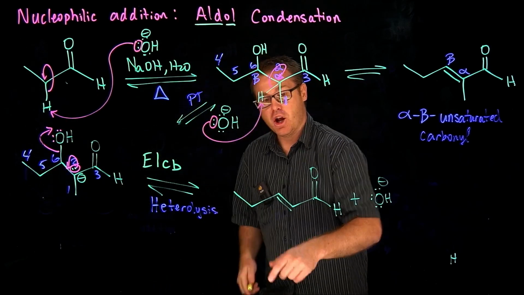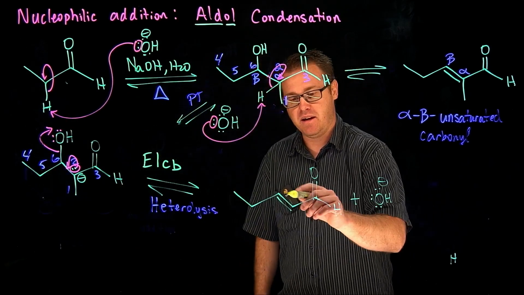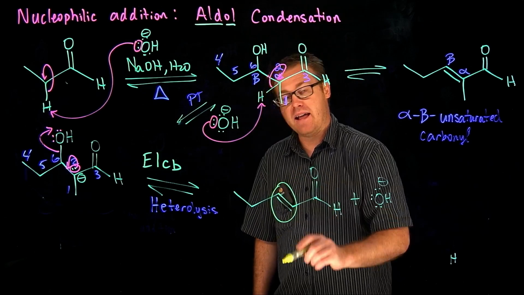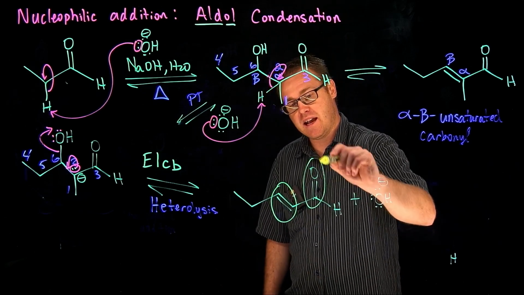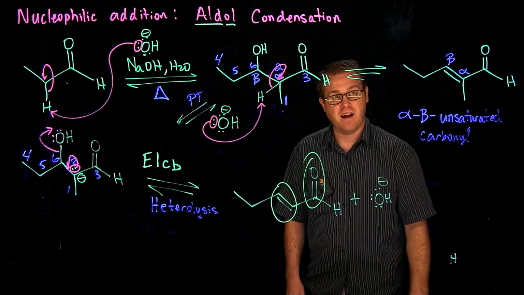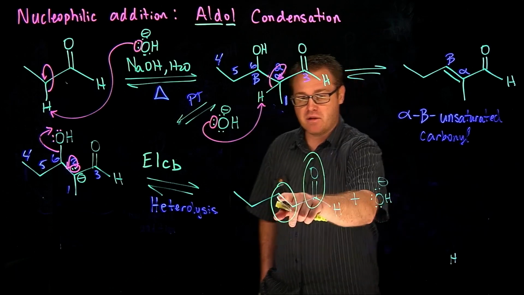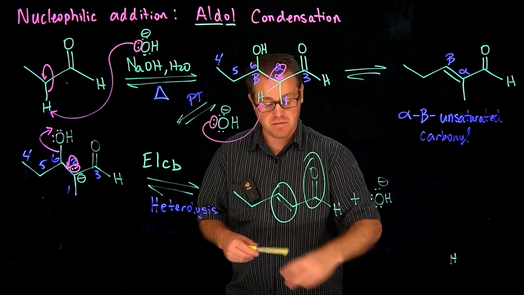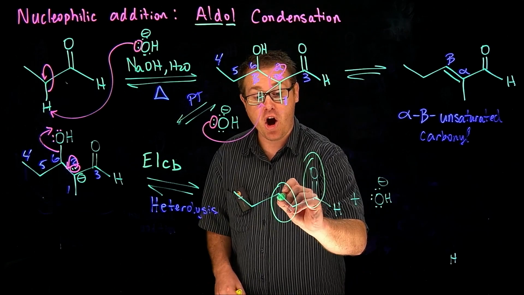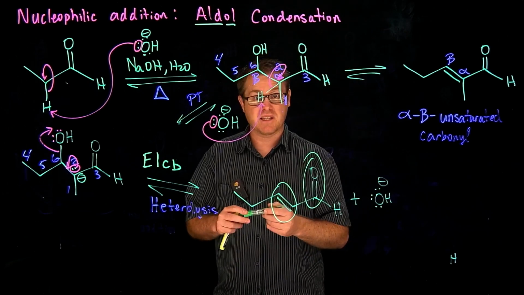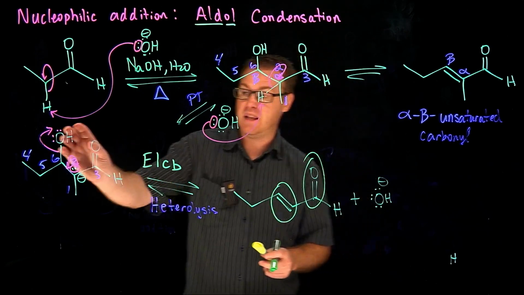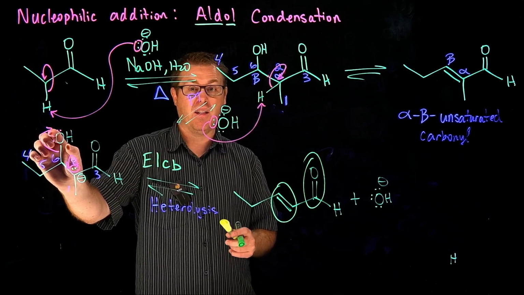We get a conjugated system here. So we have that double bond right there conjugated with that right there. And because we generated a conjugated system, that really overcompensates for the horrible leaving group that the alcohol is.